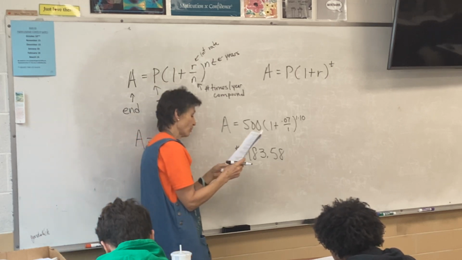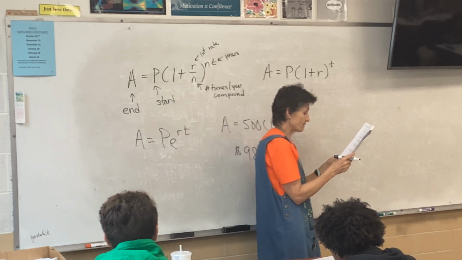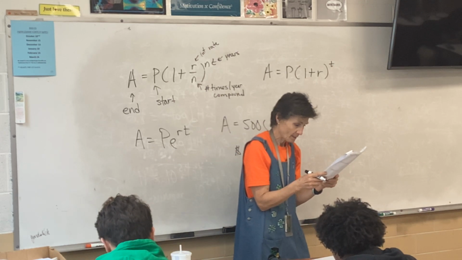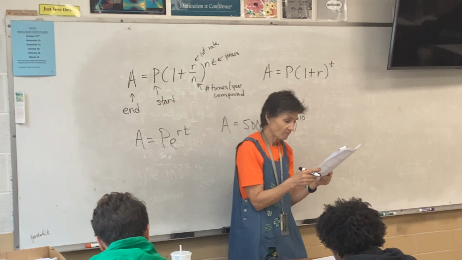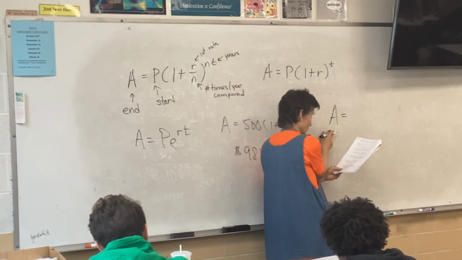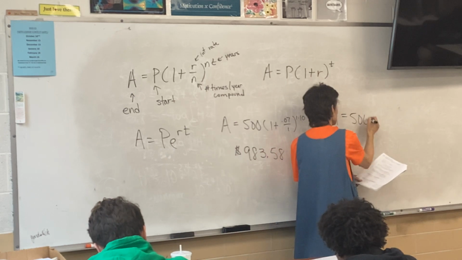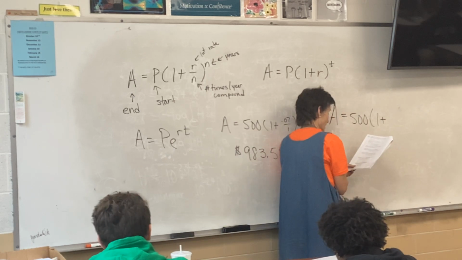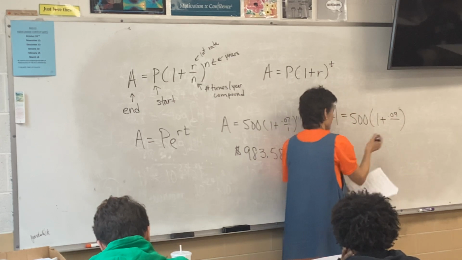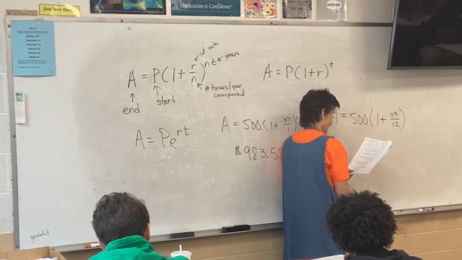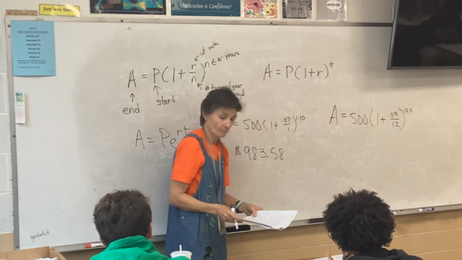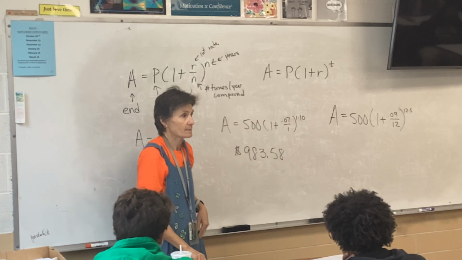All right, now we have Roberto. Roberto is investing $500 at 9% compounded monthly. Find the value of his investment 5 years later. Well, how much is it going to be worth if we invest $500 at 9% compounded monthly for 5 years? Does that make sense to everybody?